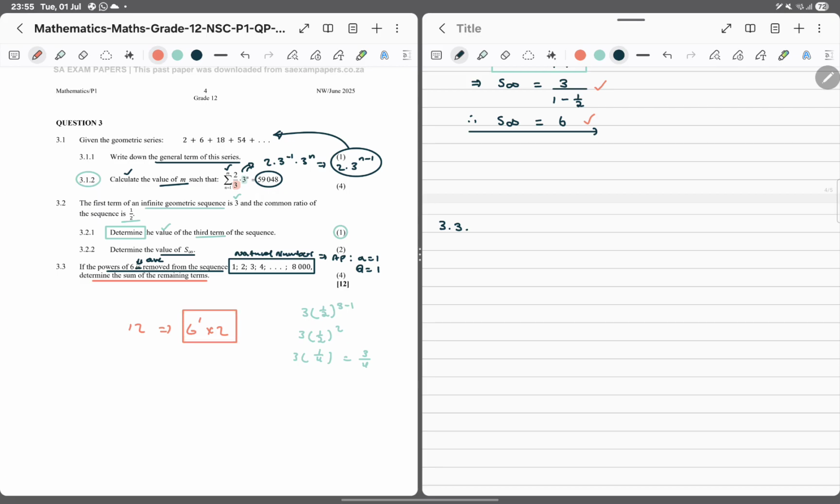So technically, we want pure powers, no other numbers that are not necessarily powers of 6. Okay, so we can say original sequence is 1, 2, 3, 4, all the way to 8 squared.